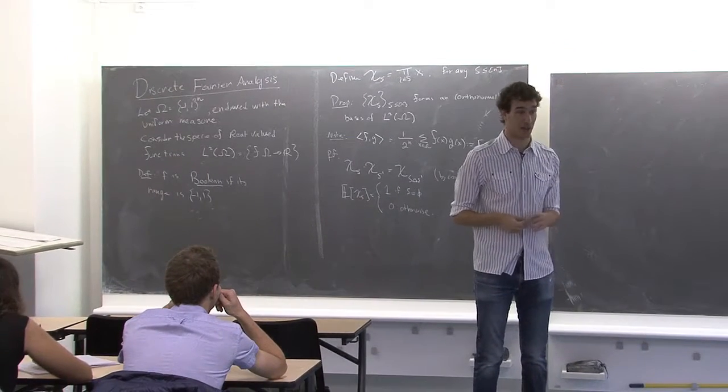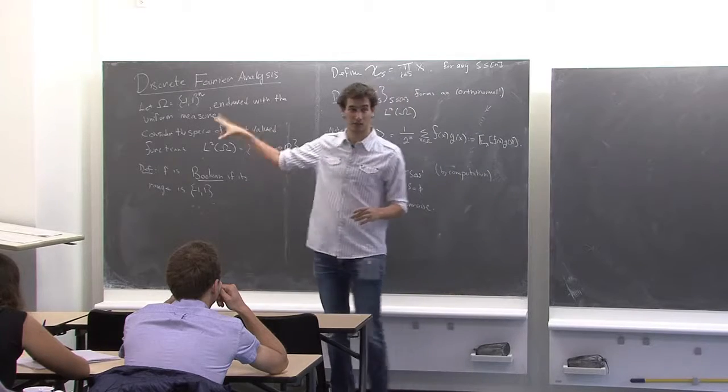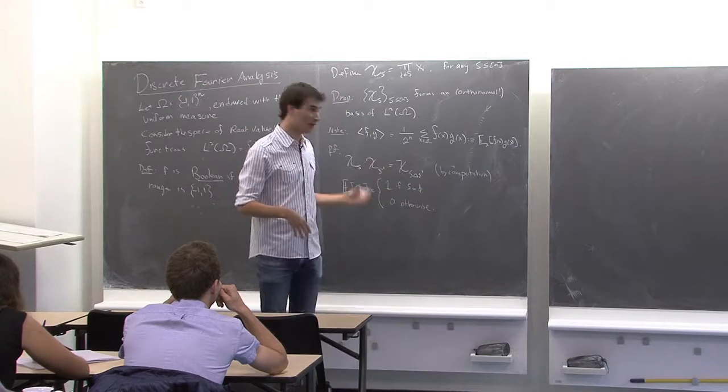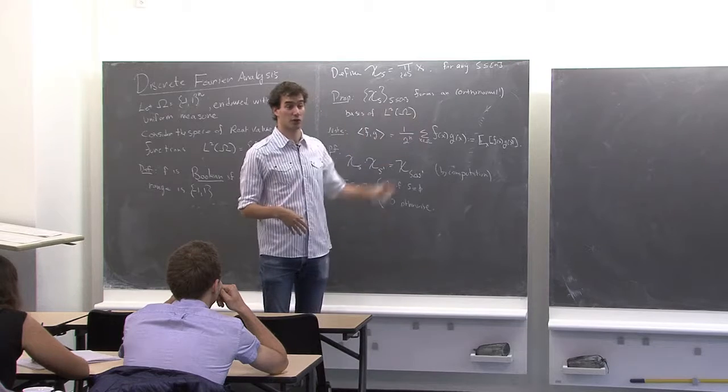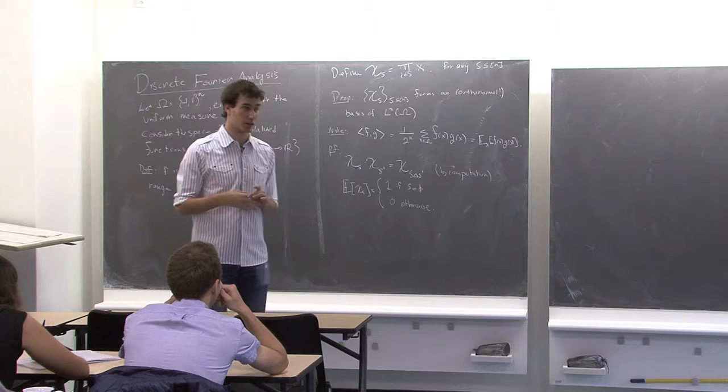This would also mean they're not the correct Fourier basis. This is sort of the reason I picked this particular basis for this particular measure, this property, that they form an orthonormal basis. So as always, orthonormality depends on your measure. So watch out for that.